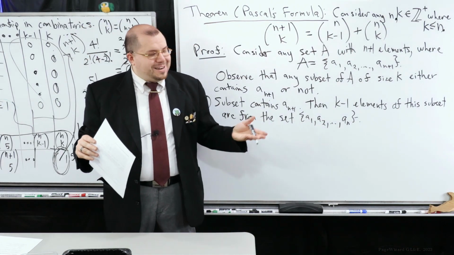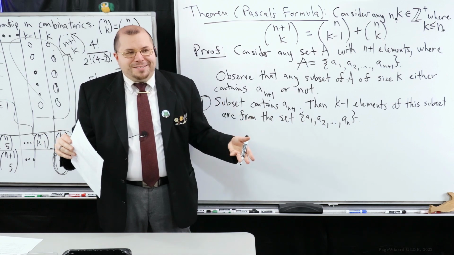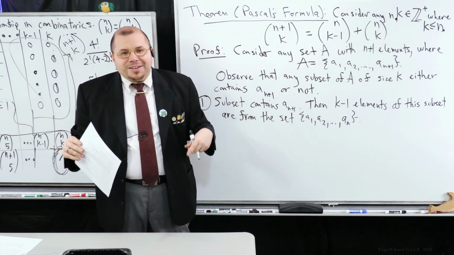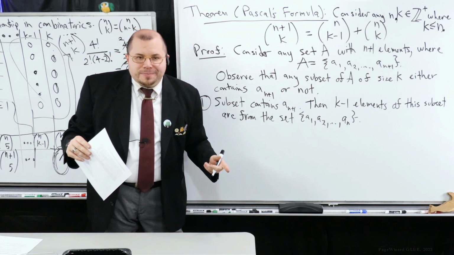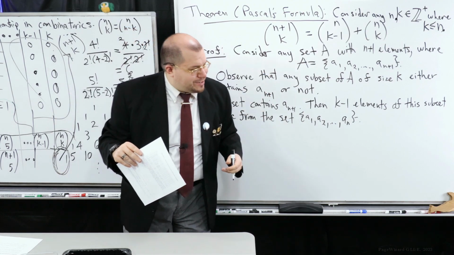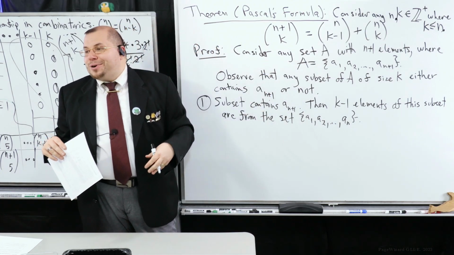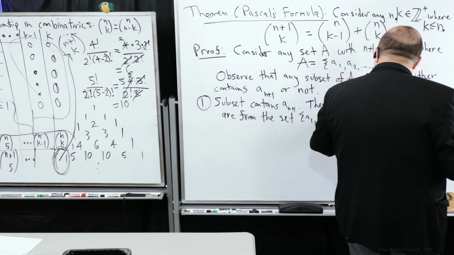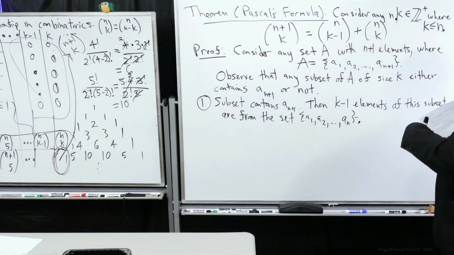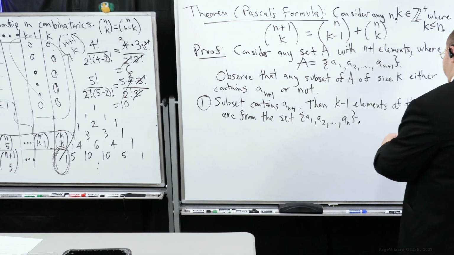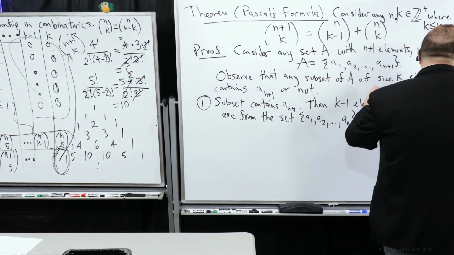You imagine you buy a dozen eggs, but every one of the dozens actually has always a red egg in it. If I asked you how many eggs were not red, well, they're all going to be coming from whatever distribution of the other eggs came from. So we're going to care about those. So if I want to know how many of these subsets exist, it matters what happens with all these k minus 1 other elements, how they get picked.